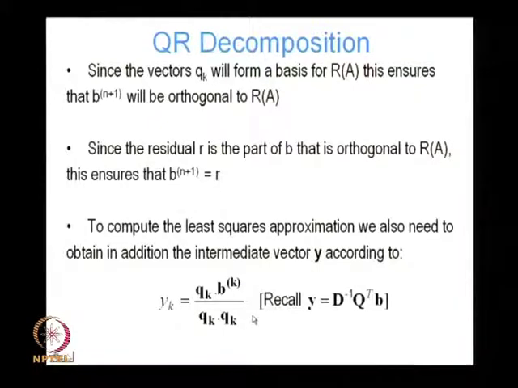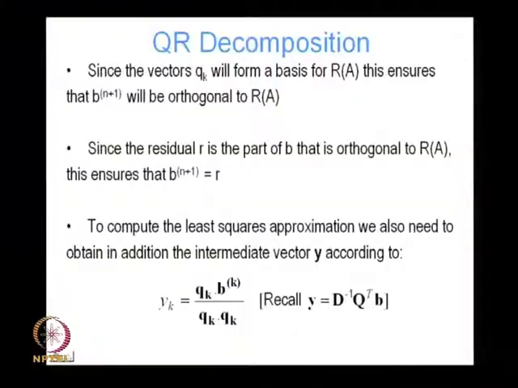Since the vectors Qk form a basis for the range of A, this ensures that Bn plus 1 will be orthogonal to the range of A. Do you recall what the range of A is? It is the vector space spanned by all the column vectors of A. Since we have ensured that the Bk are orthogonal to all the Qk's, at the end my Bn plus 1 is orthogonal to all the column vectors of A, and therefore, what is that? That is the residual.